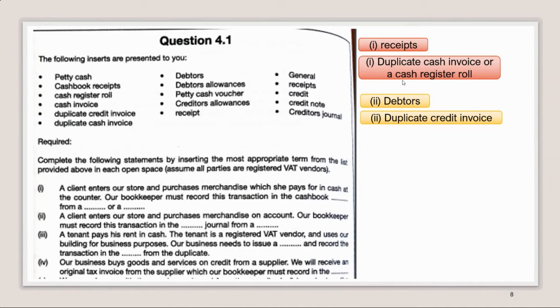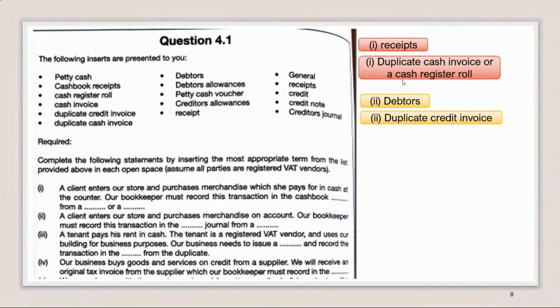Okay, let's look at number 3. A tenant pays his rent in cash. So it is our tenant. The tenant is a registered VAT vendor and uses our building for business purposes. Our business needs to issue a what and record the transaction in the what from the duplicate.